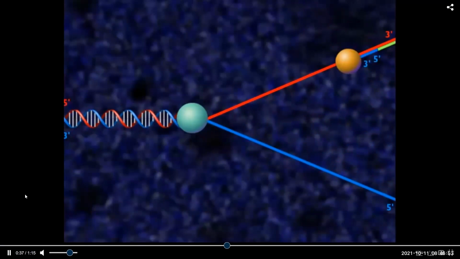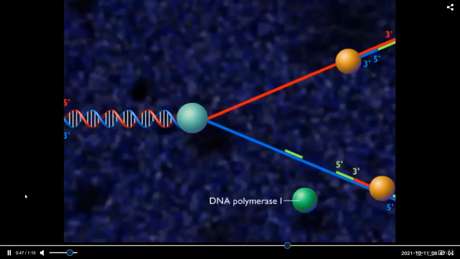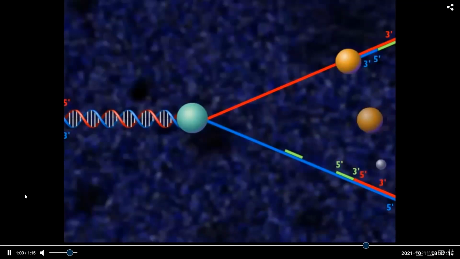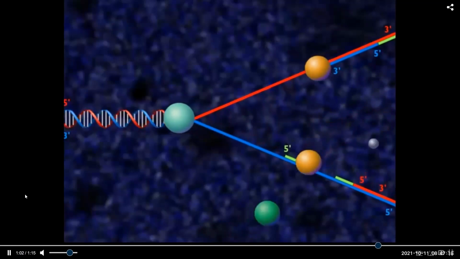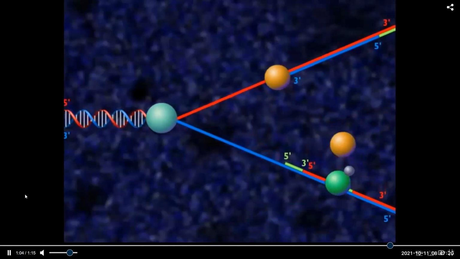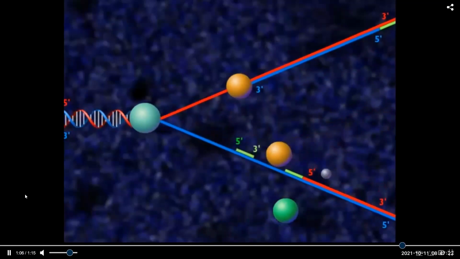To provide a free 3' starting point on this strand, several short primers must be added. DNA polymerase then adds nucleotides to the 3' end of the primers. Finally, the enzyme DNA ligase forms a bond between the short DNA strands. During DNA replication, the leading and lagging strands are continuously synthesized.